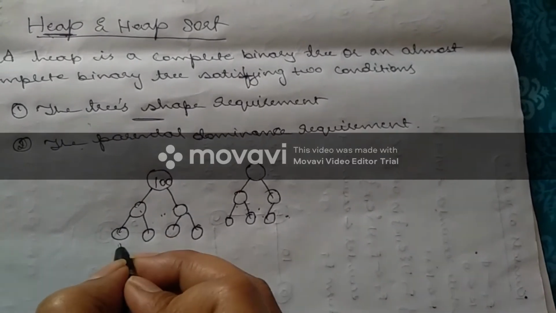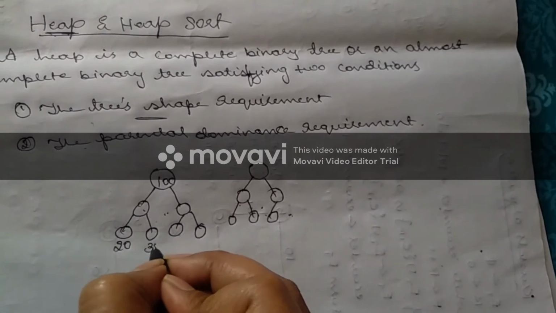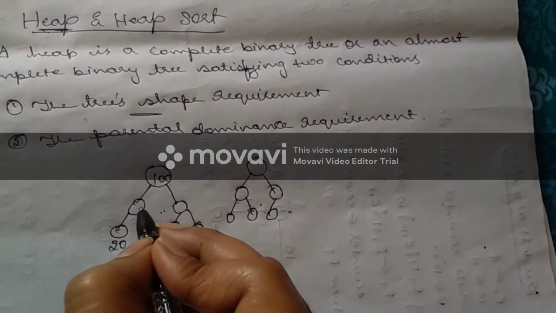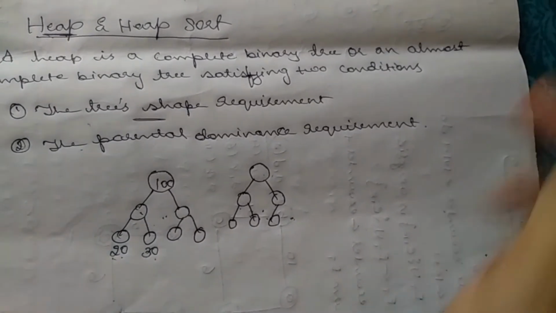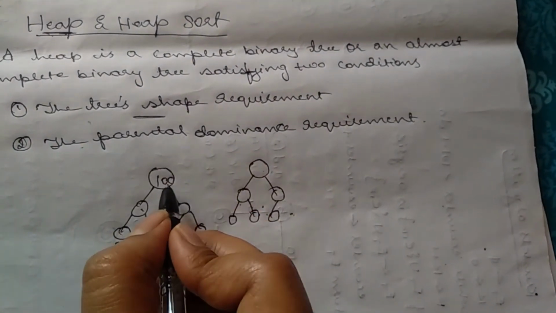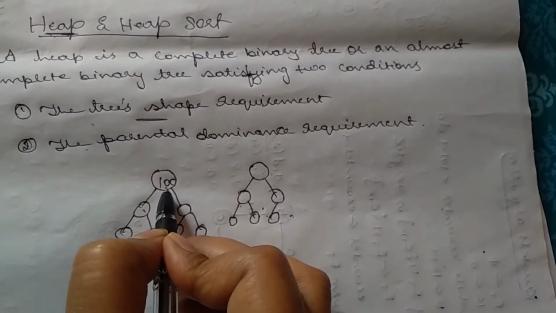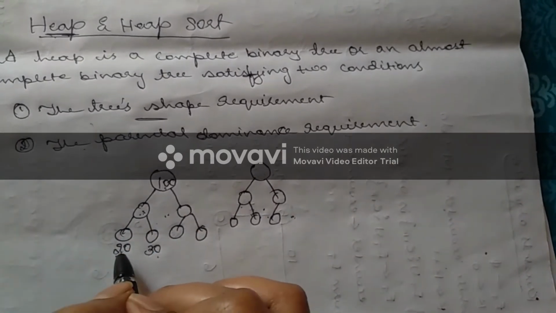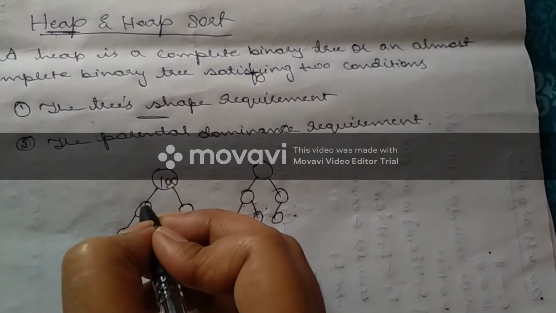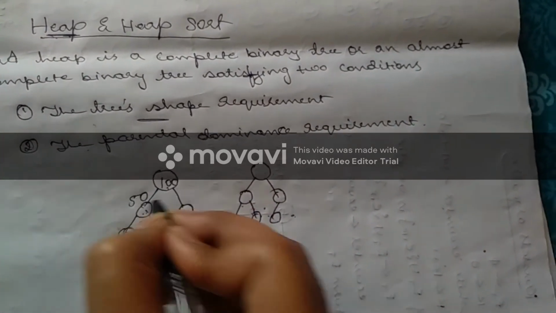For example, here I have some 20 and here I have some 30. So this root node must contain a value greater than these two. But it should be less than this because of parental dominance. So the root node should always be greater. This node should be less than the root node but greater than the child nodes. So I can have anything, 50, 60, 70 like that. So I'll just put 50 for this one.